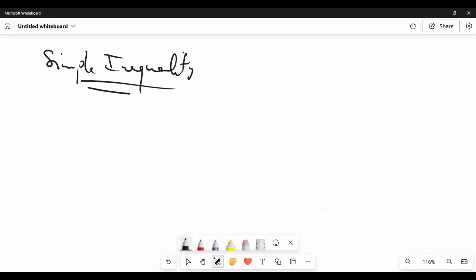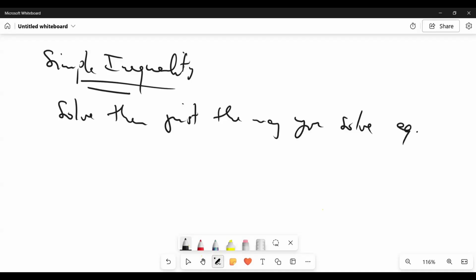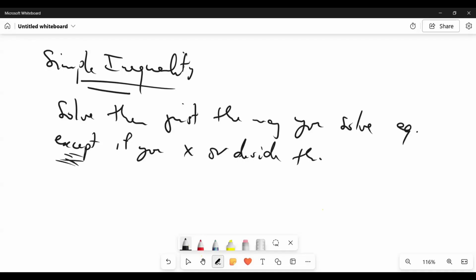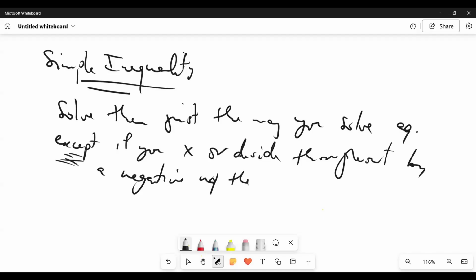By the way, I made some notes available to you, and I think the note says you solve them just the way you solve equations, except, and this is the piece everybody just forgets, except if you multiply or divide throughout by a negative number, the inequality sign is, or should be, reversed, right?